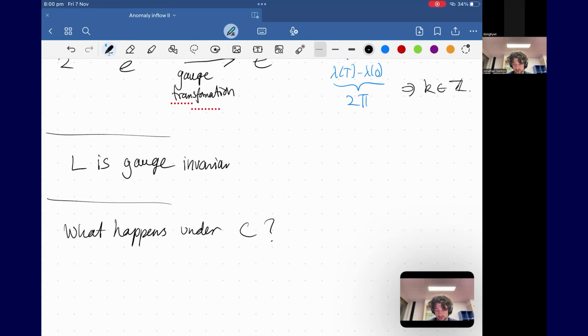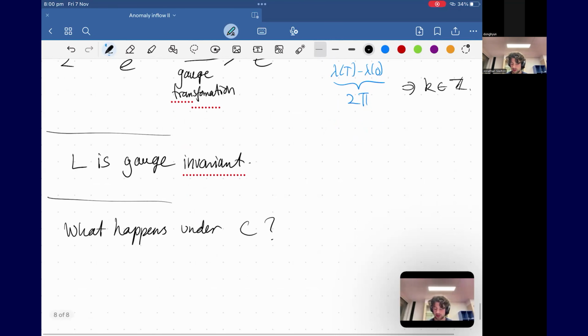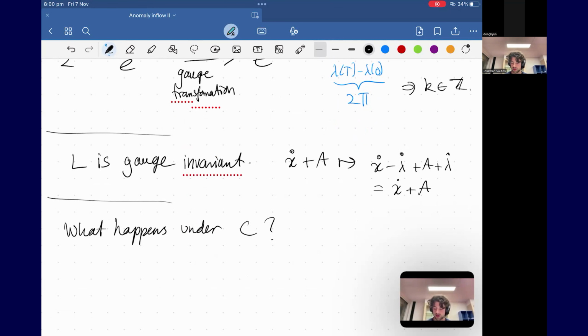As we just saw, if you have the quantum theory, then the topological term will be invariant. But then you also have that obviously x dot plus A will just go to x dot minus lambda dot plus A plus lambda dot, which is just x dot plus A. So that's good.